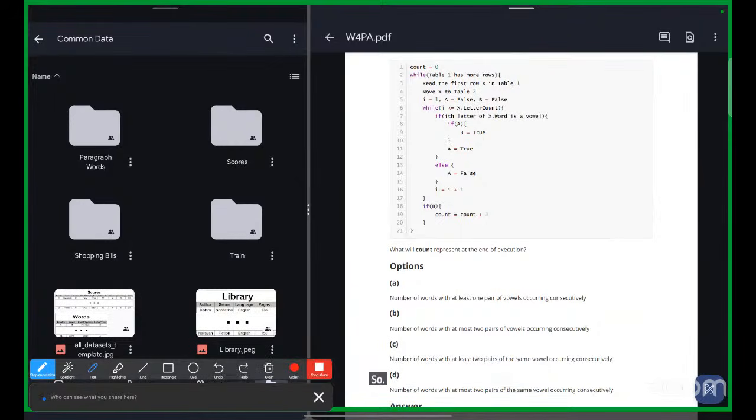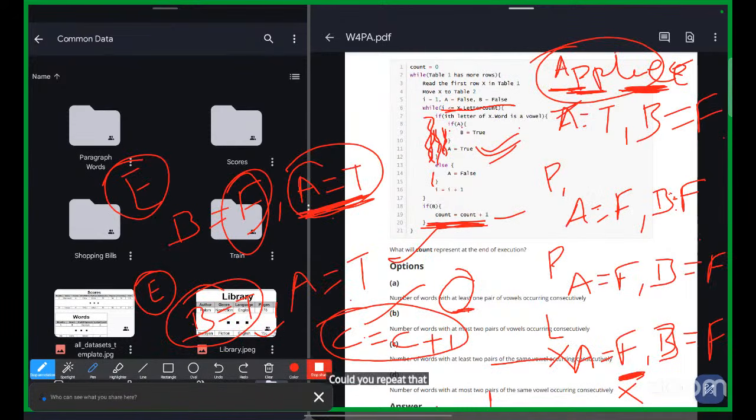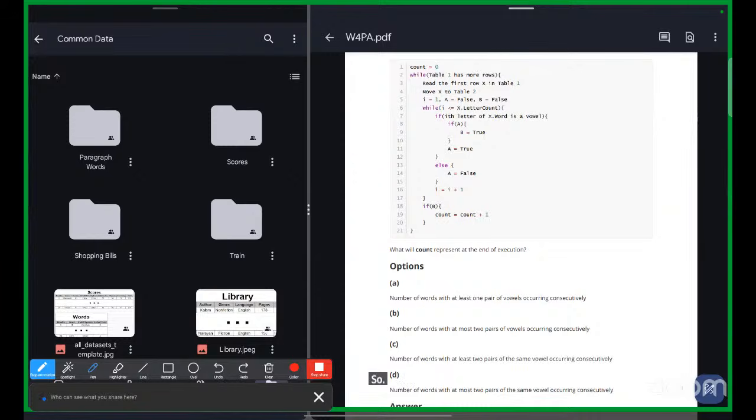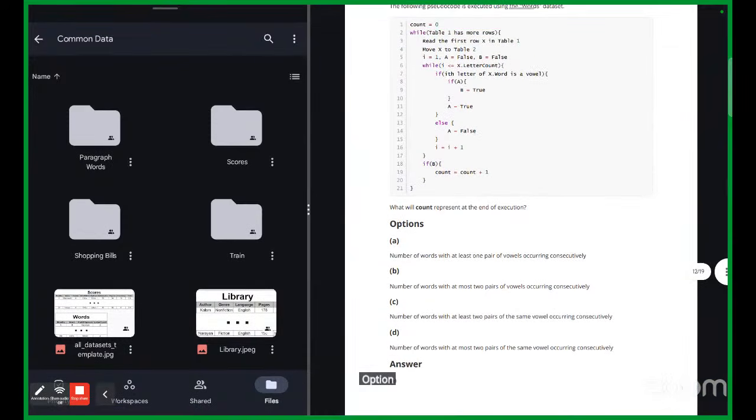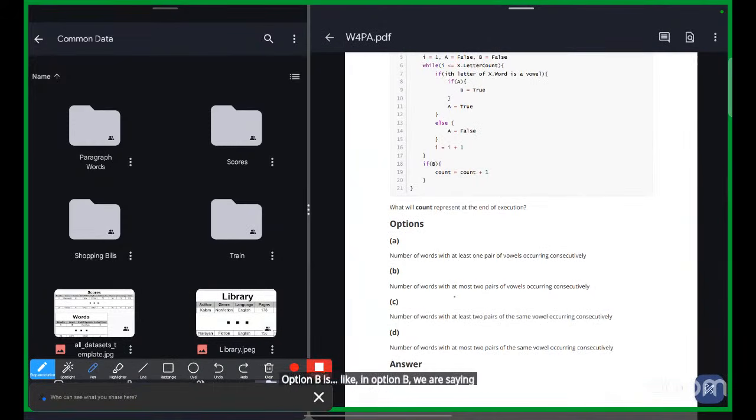So can you tell when option B will be correct? Could you repeat that? So when will option B be correct? In option B, we are saying at most. Okay, at most two pairs.